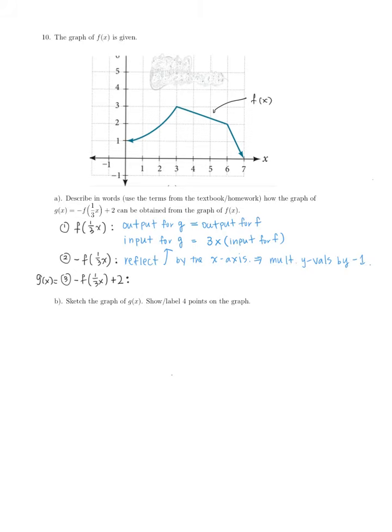So what we need to do is take the graph obtained from circle 2 and shift that graph by 2 units upward. So I'm going to say shift this graph that we obtained, which is from circle 2, upward by 2 units.